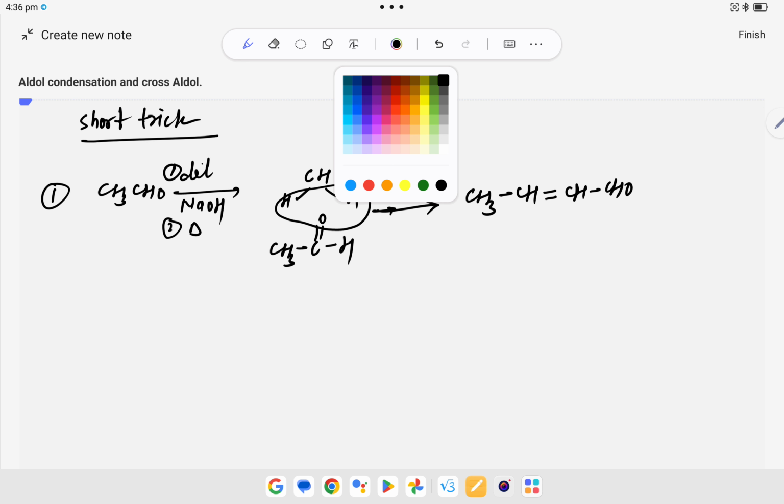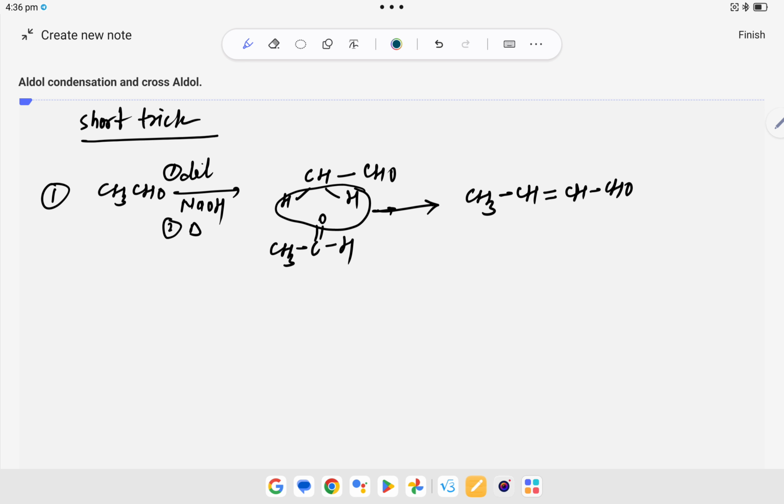So what I did, from here water removed, and this is your CH and this is your other CH that will be attached here simply, so that enol formation is done. So no need to learn. If you know the trick, then you can solve easily.